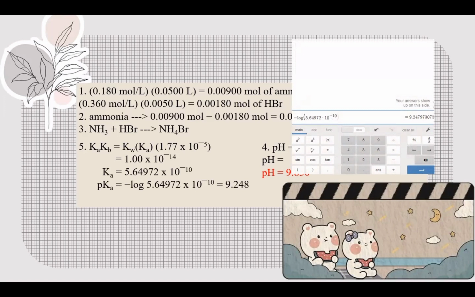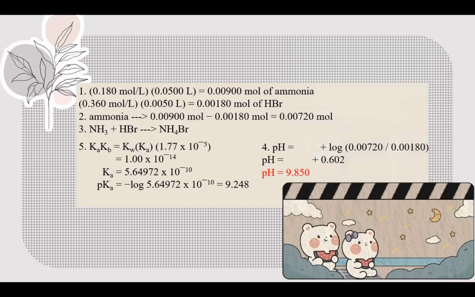So the answer is 9.247973075, and we round it off, resulting in 9.248. So back to number 4, pH equals 9.248 plus the logarithm of 0.0720 over 0.0180. So the answer is 9.850.